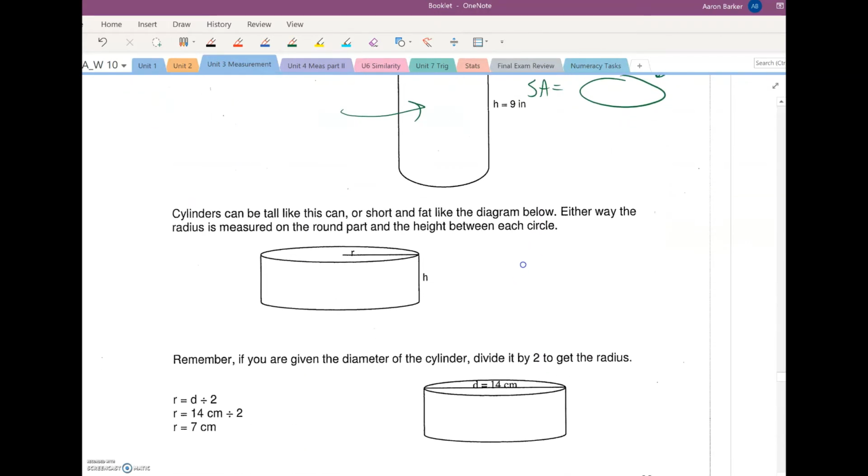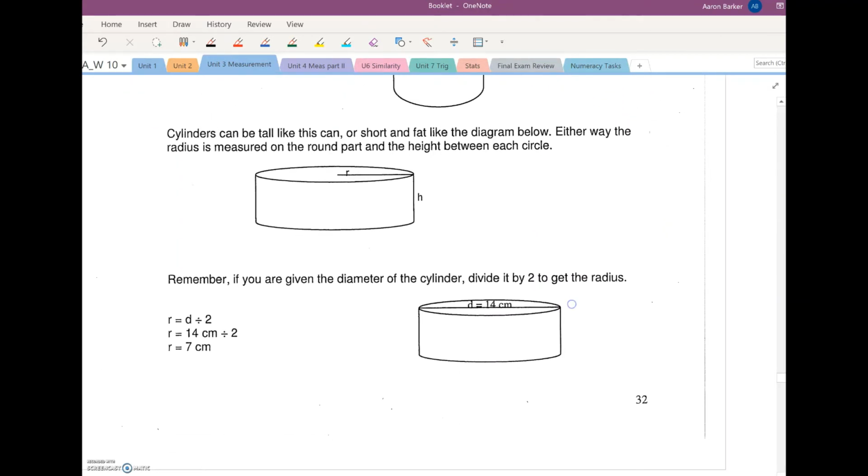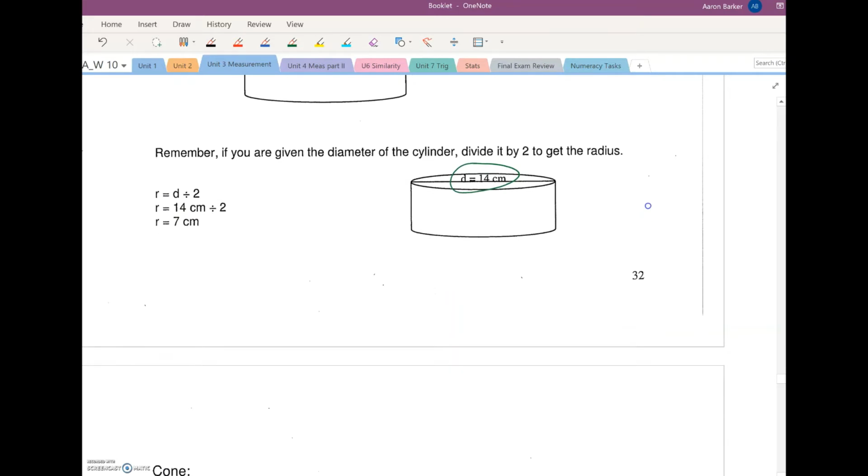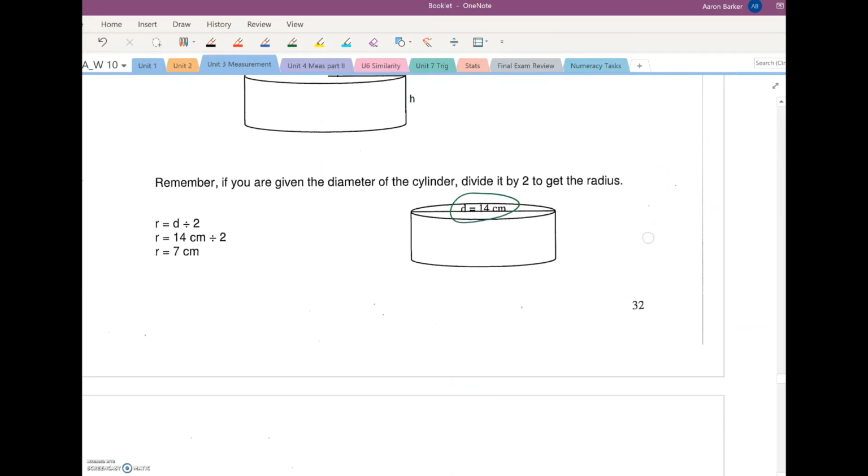Do that now. Okay. So here on this diagram, they gave a diameter of 14, so they have to find the radius first. Okay, so let's practice this one here. Surface area equals 2 pi r h plus 2 pi r squared. Or you'll even see on your formula sheet, surface area equals 2 pi r squared plus 2 pi r h.